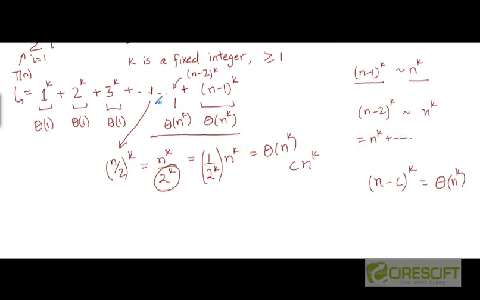There are going to be at least n by 2 such terms, because if there are n minus 1 terms in total in this series, and if the right half is composed entirely of terms which have a complexity of theta of n to the power k, then their sum is going to grow at a rate of approximately n by 2 times n to the power k, because there are n by 2 such terms, each growing at the rate of n to the power k.